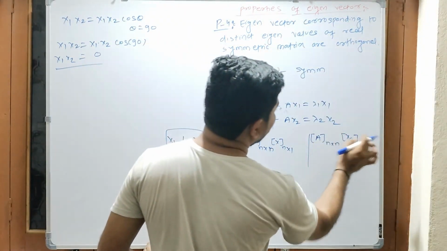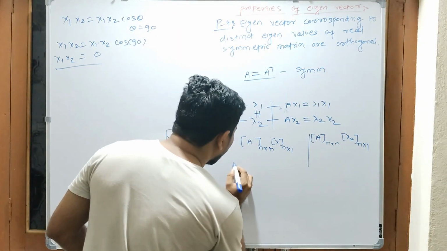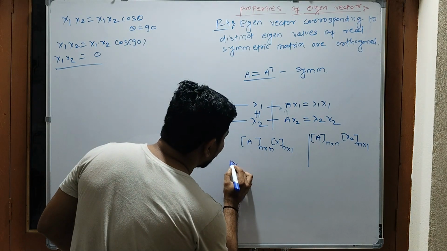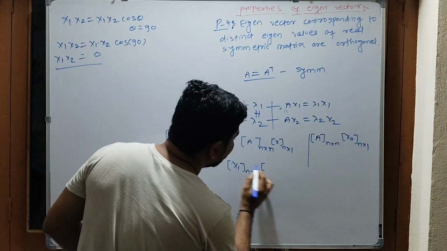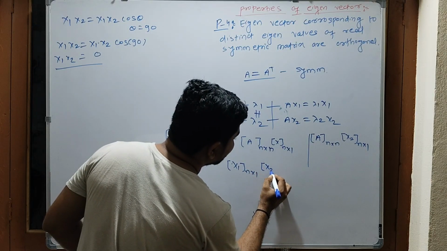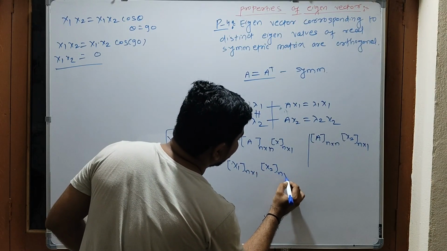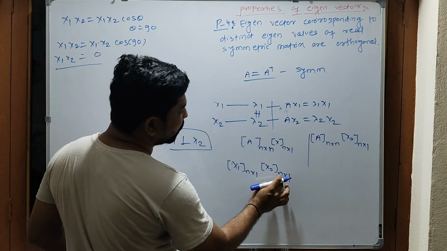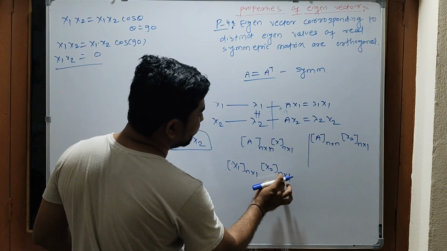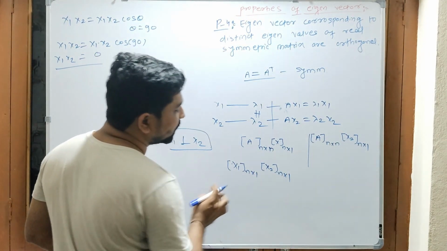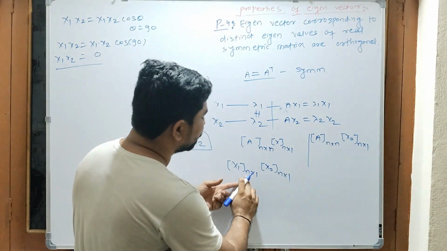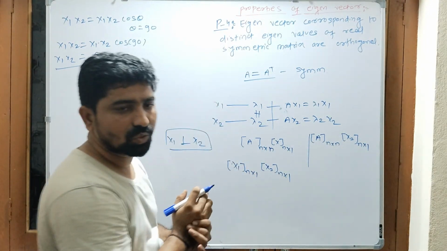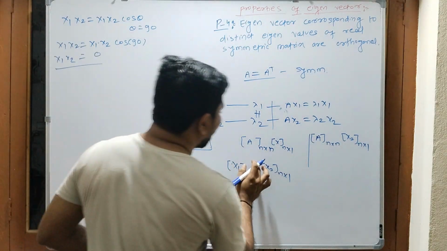So this matrix multiplication is also possible, but this product is not possible. Here x1 is of order n cross 1 and x2 is of order n cross 1. If n is not 1, this multiplication is not possible, because the outer dimension of x1 is not the same as the inner dimension of x2.